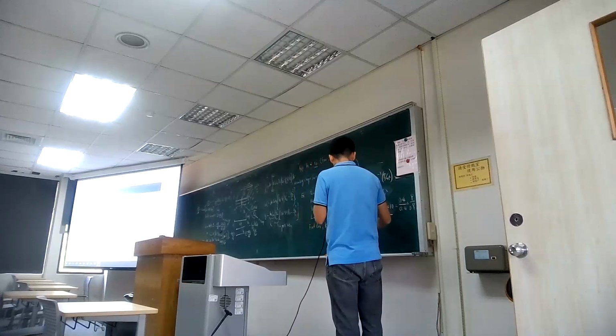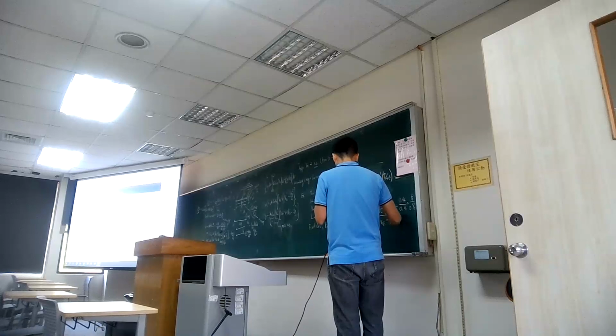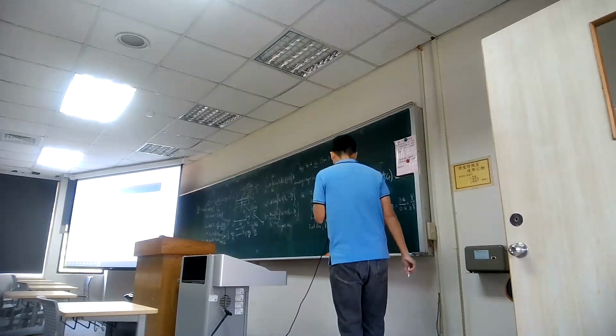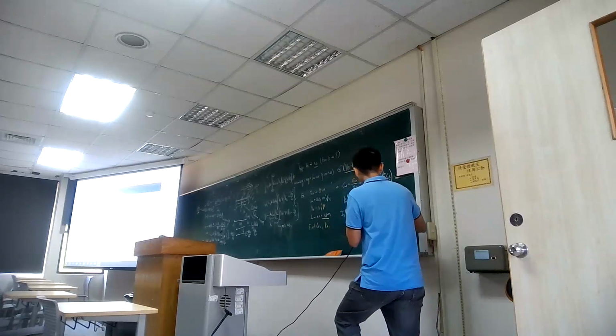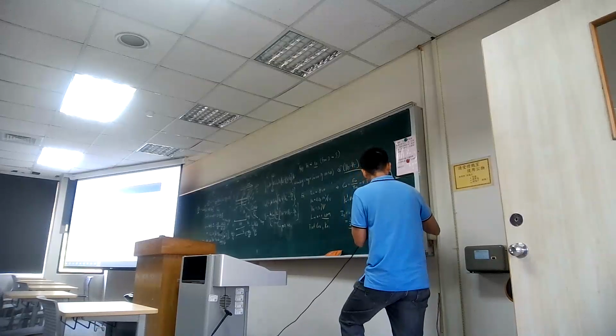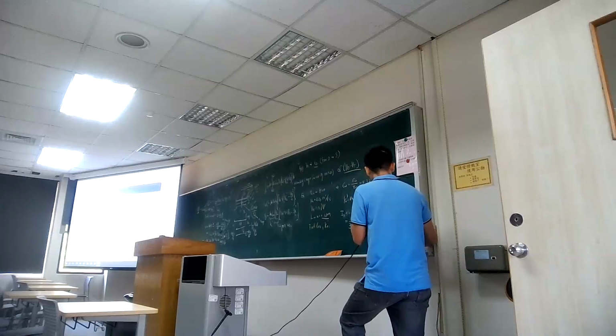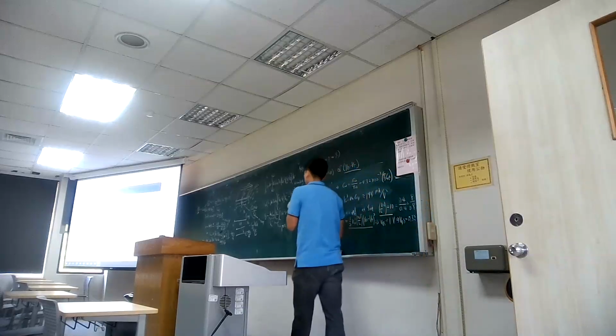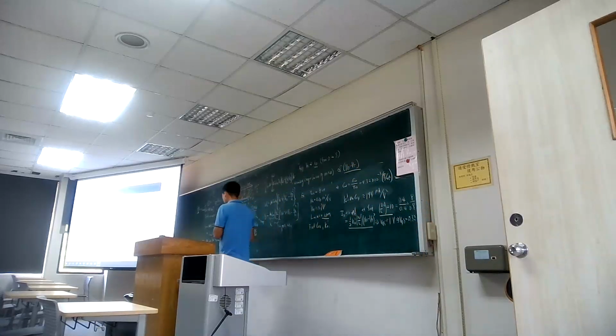It is micro A, not nano A, micro A. So if you put everything here, you get a VGS equals 1 volt. So that means what is your VDS? VDS equals VGS minus VT, so this should be 0.32 volt.